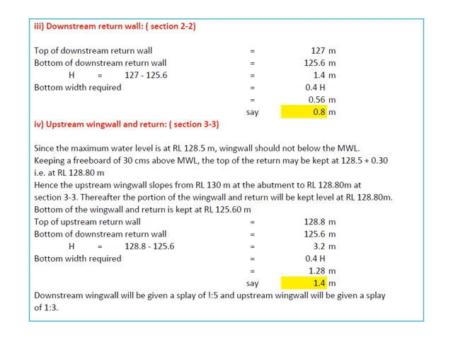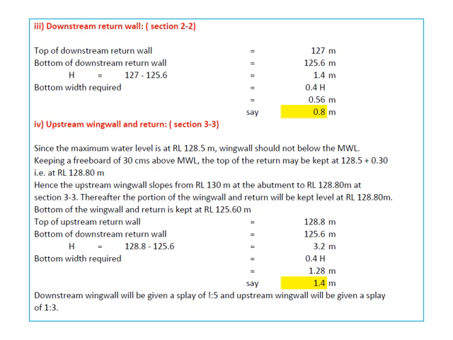Similarly for the upstream wing wall, I told you that the maximum water level is 128.5. You cannot keep it at the general ground level, as it is well below the maximum water level. So any height has to be above 128.5. Therefore we give a 30 centimeters freeboard to 128.5 and fix up the top of the return. When the wing wall is sloping from 130 to 128.8, some portion of the wing wall will go below 128, so after section 3 we have to keep the level at 128.8.